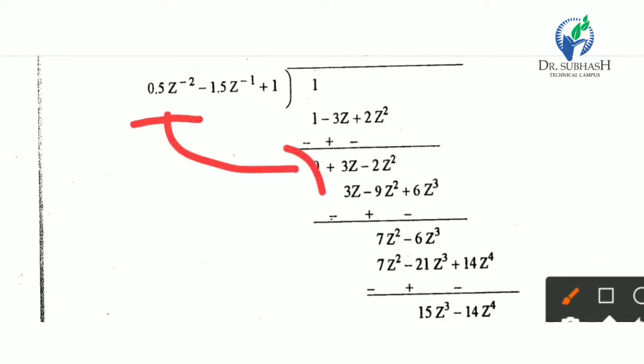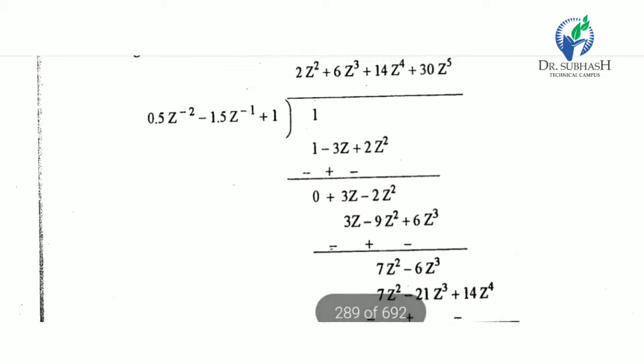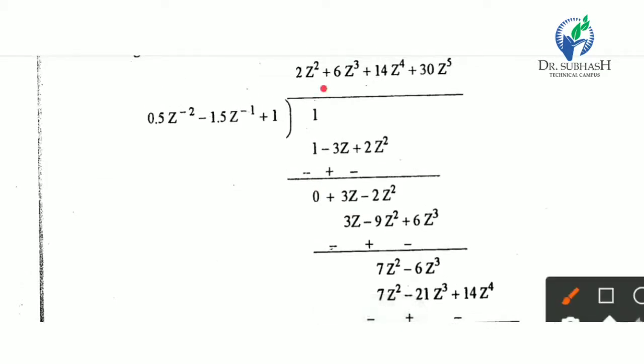So the next term to multiply depends on the first term and here the value. So 0.5 z raised to minus 2 must be multiplied with the 6z cube. So here the next term is plus 6z cube.